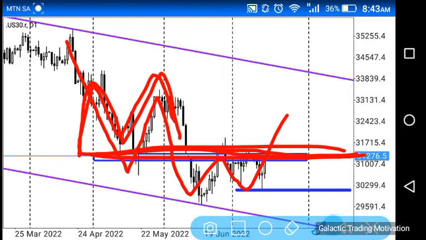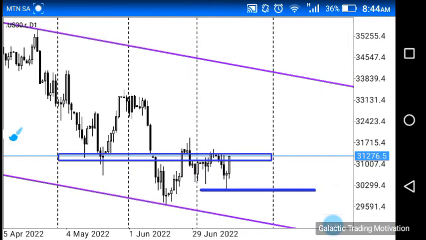In my humble opinion, and especially if you are executing on the bigger time frames, such as the daily time frame, it would be very risky to buy or sell in this region. That is because we have two opposing structures that have necklines in more or less the same area.